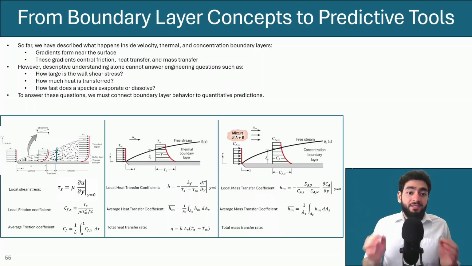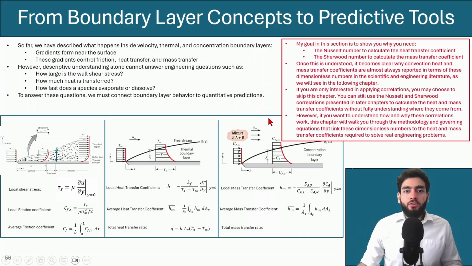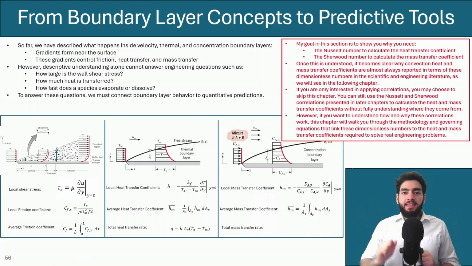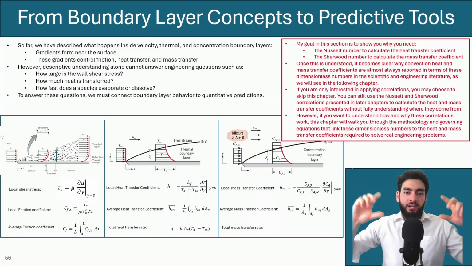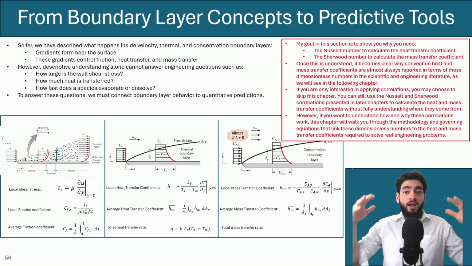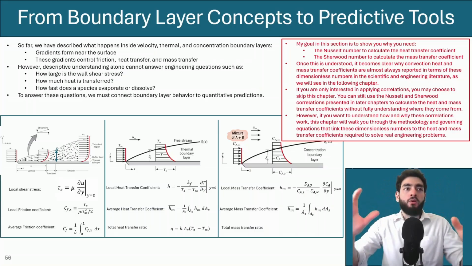And so to answer these questions, we must connect boundary layer behavior to quantitative predictions. And so let me first tell you what my goal is in this section, because I'm going to walk through a derivation at a high level, and I want you to be able to understand where I'm going with this.